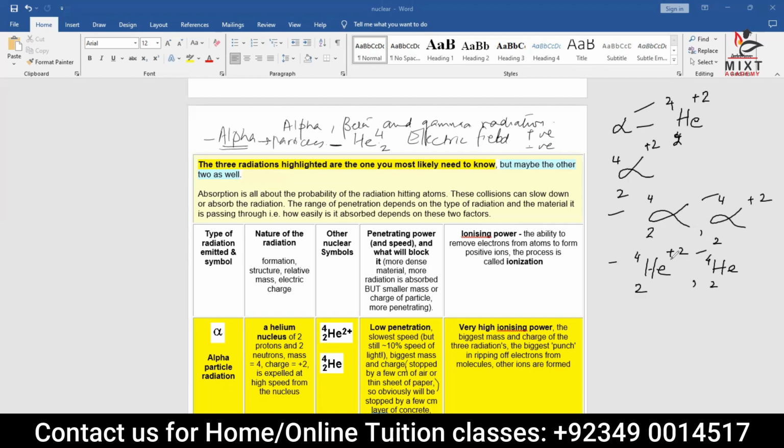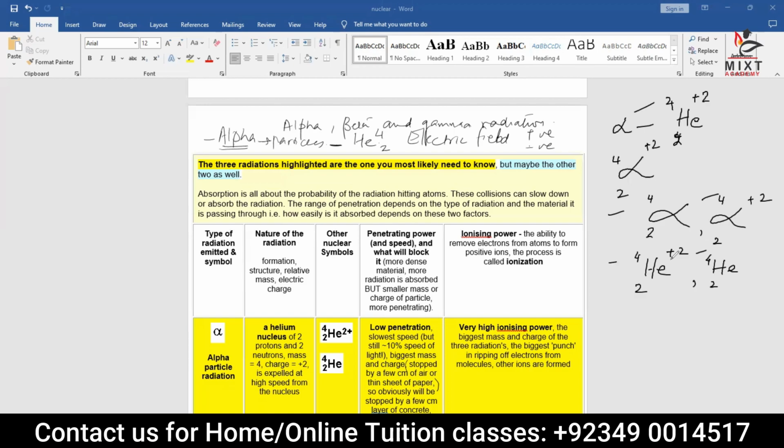Now, third point: alpha particles are traveling at 1/10 the speed of light.